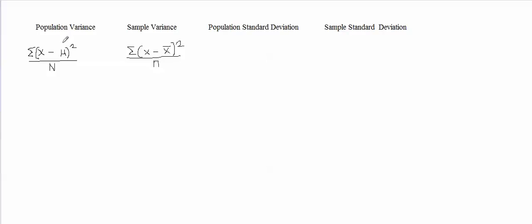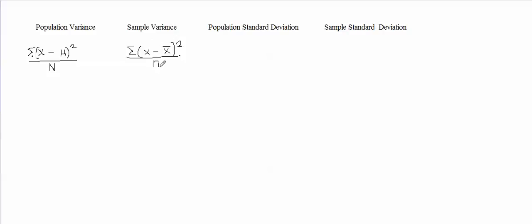So notice how this symbol has changed to an x bar, and this uppercase N has changed to a lowercase n. Now why has it changed? Well, x bar is a symbol for a sample mean. When you calculate a sample variance, you're subtracting each data value by the sample mean, by the mean of the sample. So the mean is an x bar instead of a mu.